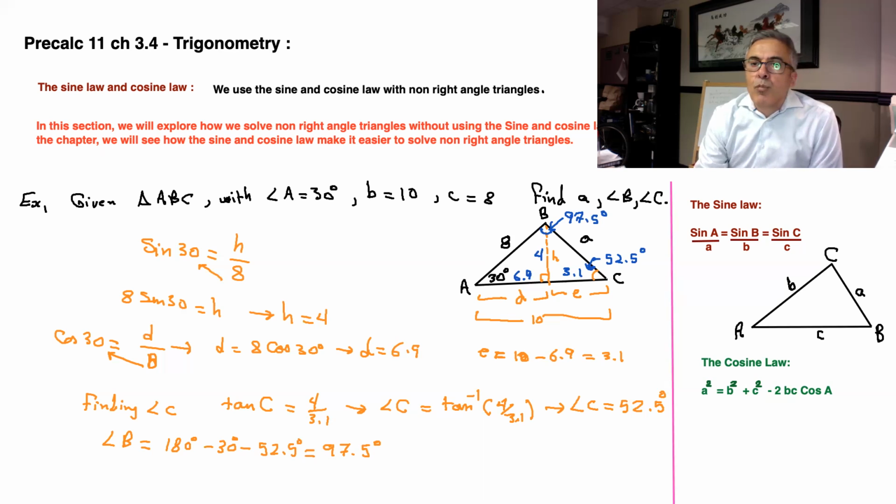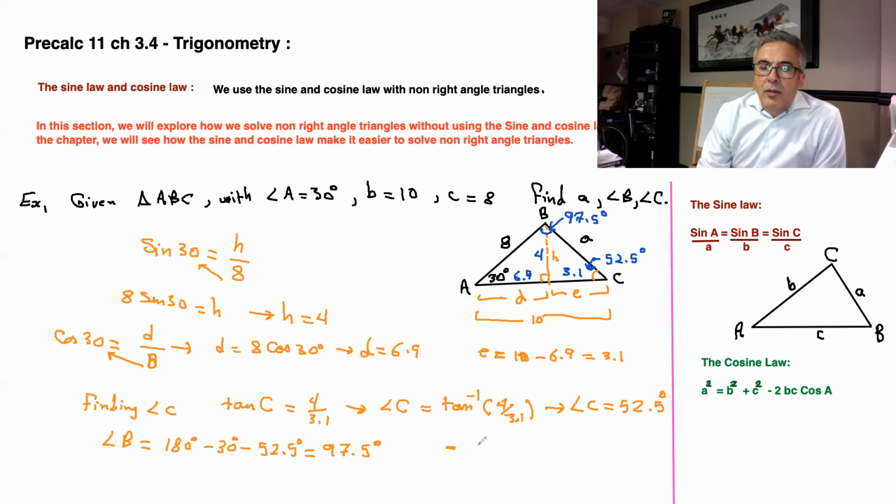And length A will be, so now finding A, I think I could use this angle right here. We have the opposite, and this is the hypotenuse.